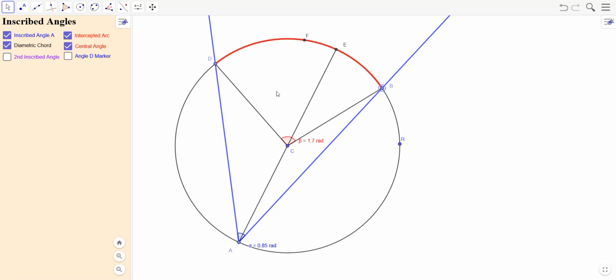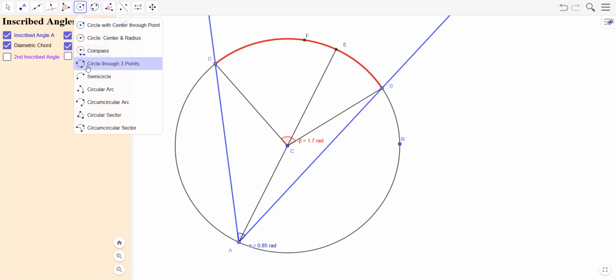Now, if you look, we could break this down into two arcs and this into two angles. So we have two adjacent angles and two corresponding adjacent arcs. Let me go ahead and create that other arc for us.